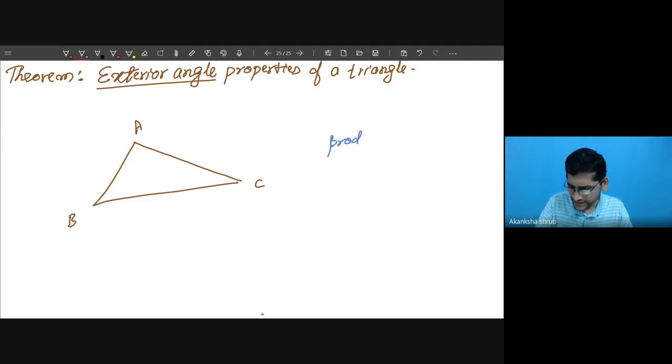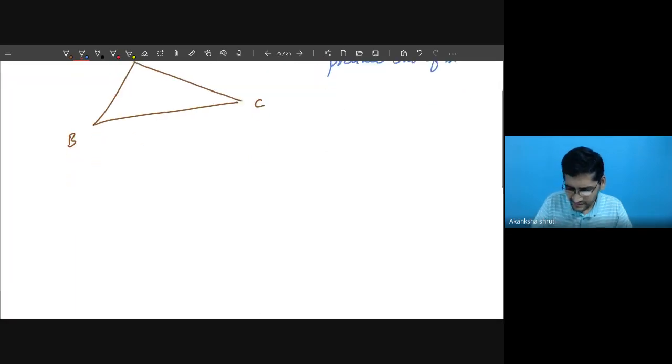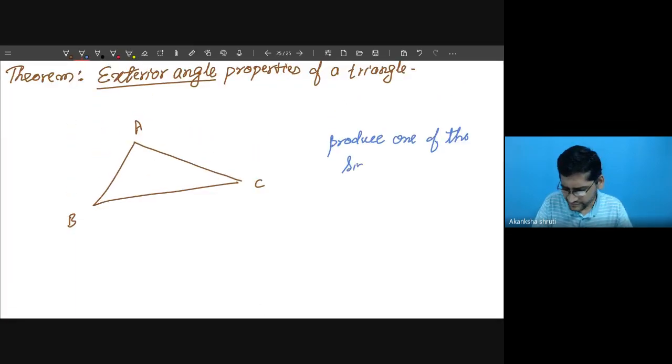Produce one of the vertex means what? You have to extend that. Produce one of the sides at any vertex.